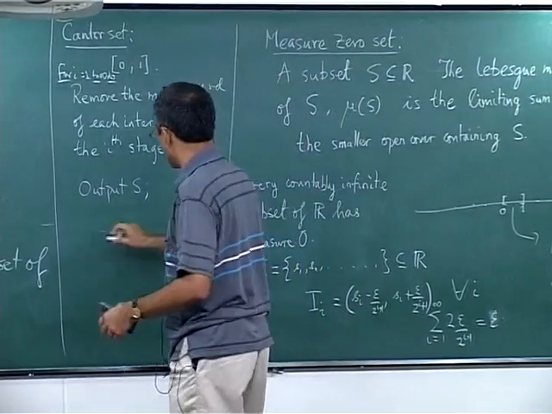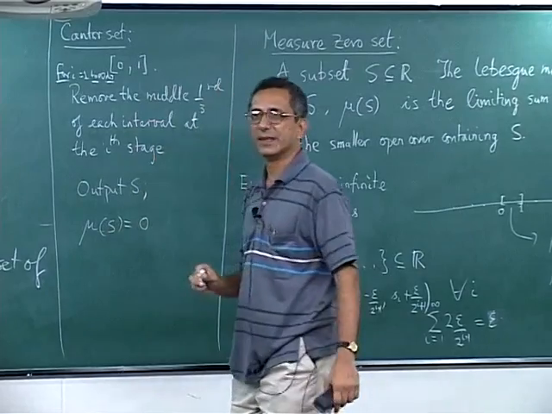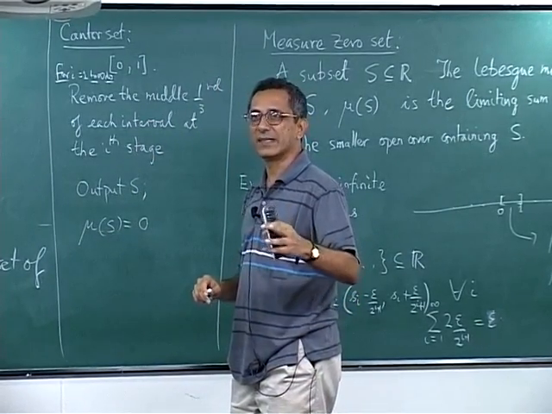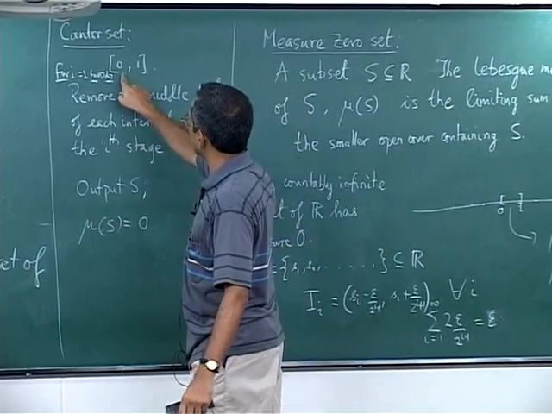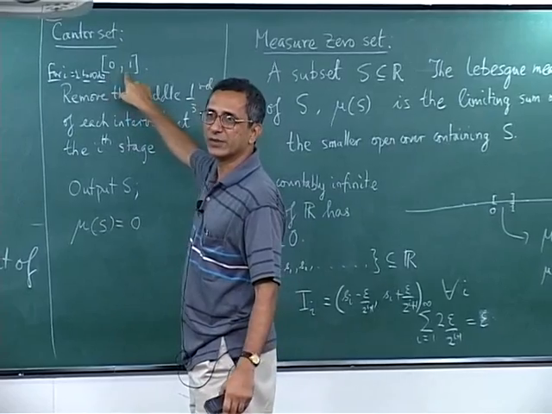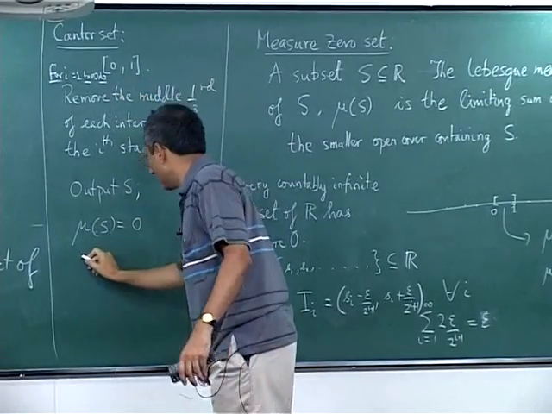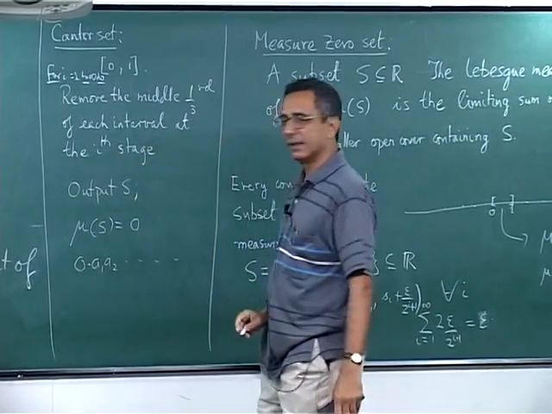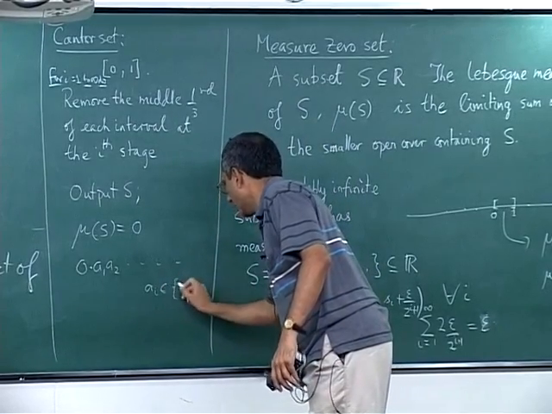Its measure being 0 is kind of forced by this construction, and the simple reason why it is an uncountably infinite set is a very nice argument, because you can do a ternary expansion of all the numbers between 0 and 1. Every number between 0 and 1 can be written as an infinite ternary expansion where the a_i's come from 0, 1 and 2.